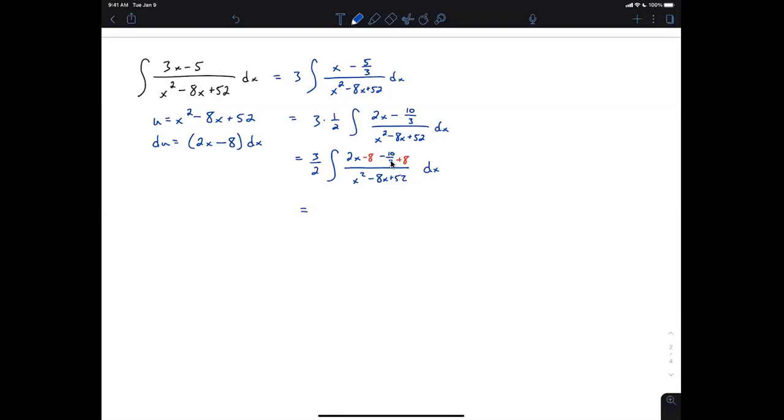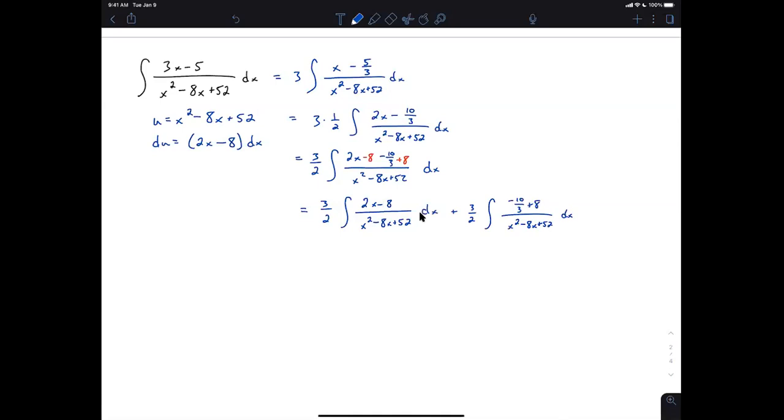So what I'm going to do first is split this into two integrals where I put 2x minus 8 over the bottom. And then a separate integral where I put -10 plus 8 as the numerator of that one. And now this first one, because of what Jordan was saying, is that you can now move that 2x minus 8 over.